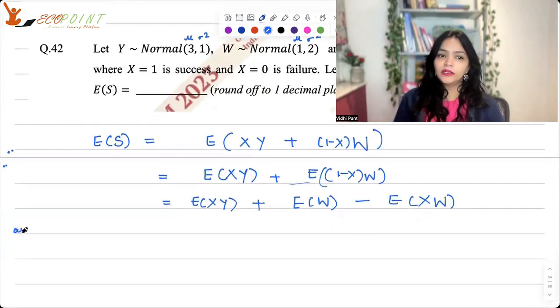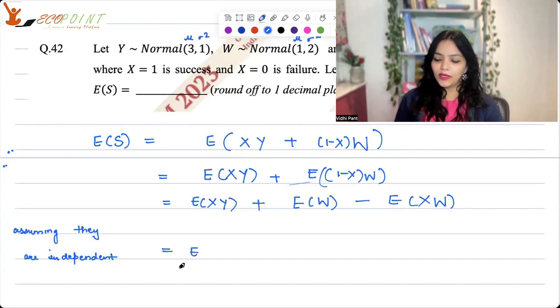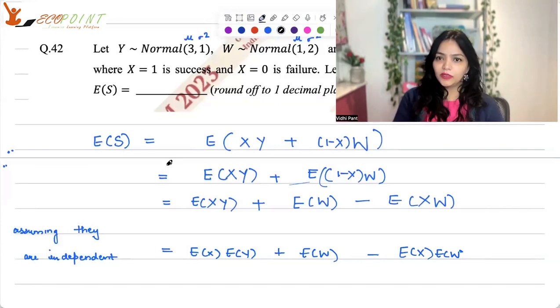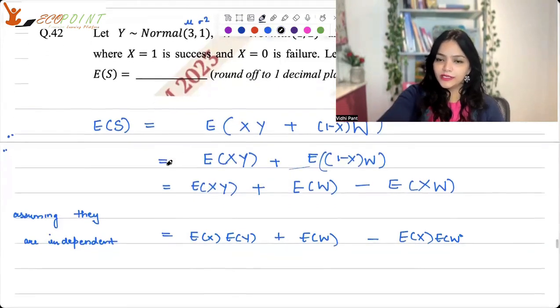So assuming they are independent random variables, your E[XY] will be equal to E[X] into E[Y], plus E[W] minus E[X] into E[W]. Because of independence, the expected value of the product is the product of the expected values.